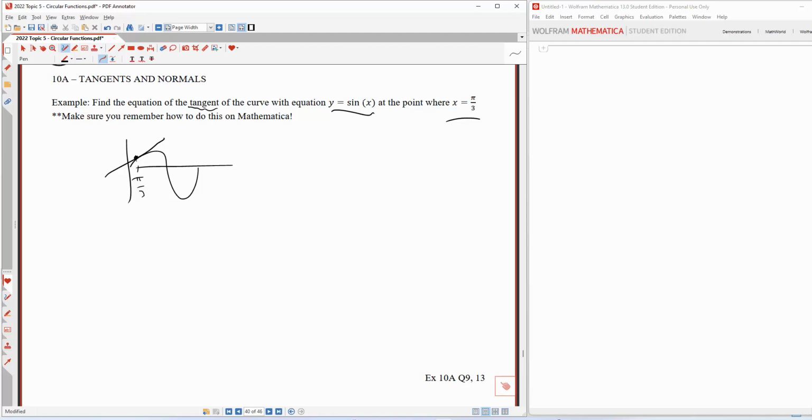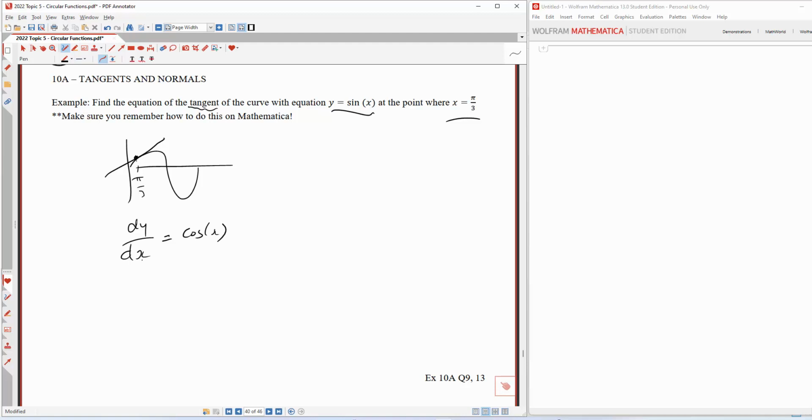To do it, what we need to do is work out the gradient at this point, which is the instantaneous rate of change. So we need to get dy dx. And dy dx is cosine x as per the formula sheet.